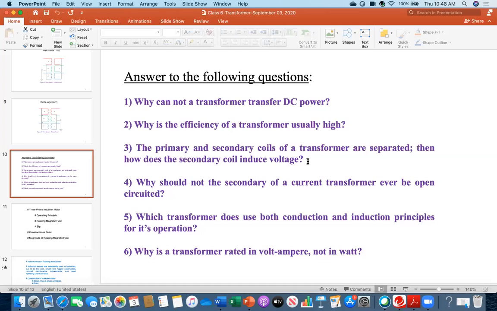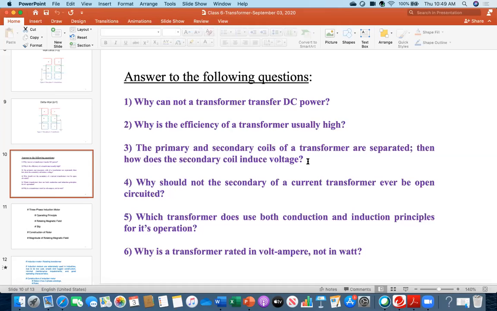And you remember, on the first class of the transformer, I wrote down an equation like E is proportional to d phi by dt. This means if there is any changing flux, then according to Faraday's law, voltage will build up on the coil.